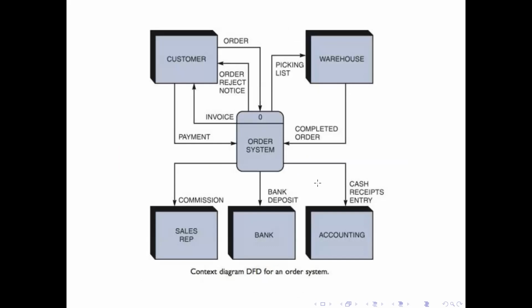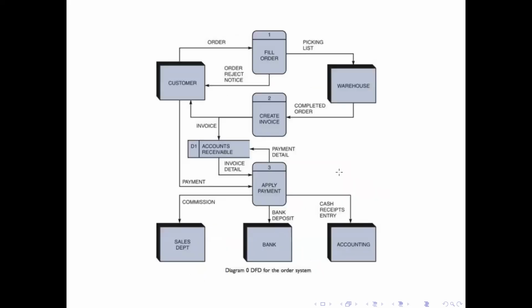And this is the second one, our second example, where we have the order system. So you can see here again, we have customer, warehouse, and also sales rep, bank, and accounting. So this is a context diagram. Okay. And if you look at diagram 0 DFD, which is the more detailed version, now we can see 3 sub-processes: fill order, create invoice, and apply payment.